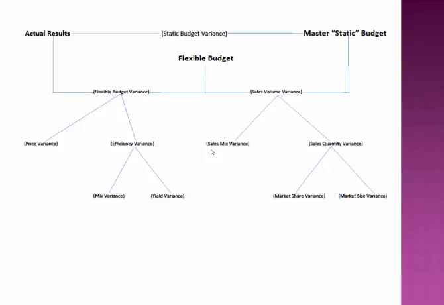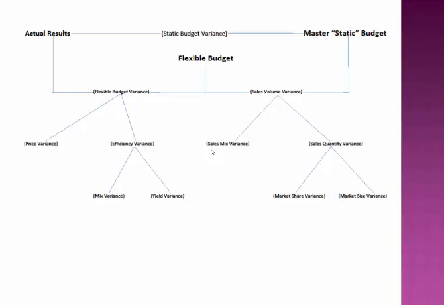The sales mix variance is best understood in terms of a composite unit, which is a hypothetical unit with weights based on the mix of individual units. Alright, so again, we're going to have more than one product. A favorable sales mix variance would arise when the actual sales mix shifts toward the products having the largest contribution margin.